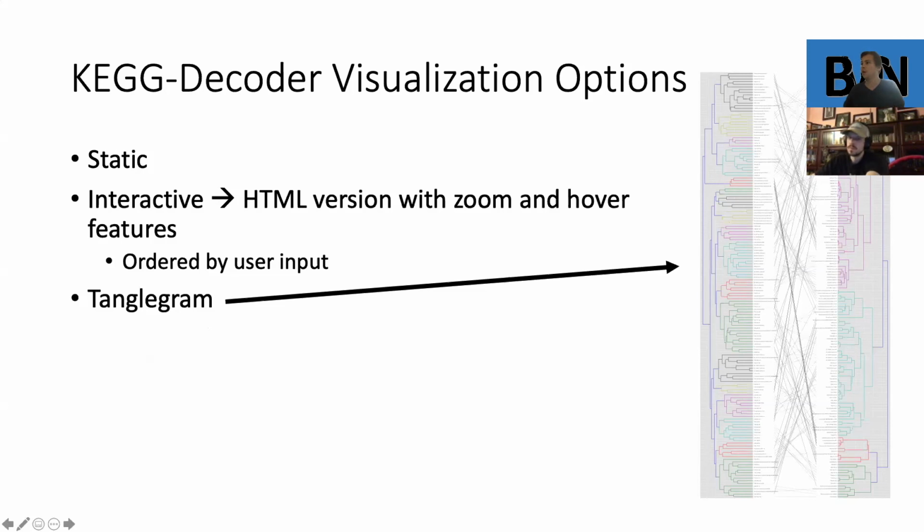It'll generate one tree, which will group organisms by function, and then you can provide a Newick file of the phylogeny of those same organisms, and it'll let them match up with these lines between them, how those groups are related to each other. And so this is a pretty busy figure with a lot of genomes, but this would allow you to look for discontinuities between phylogeny and function.